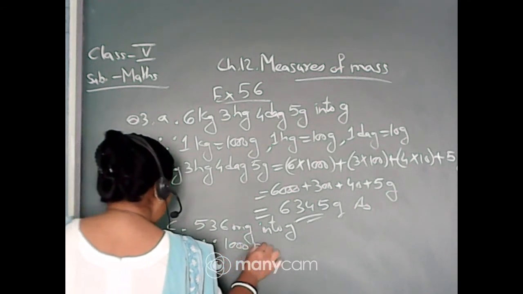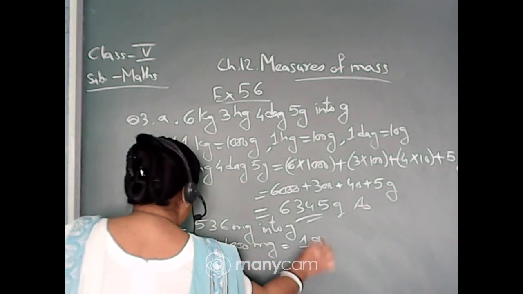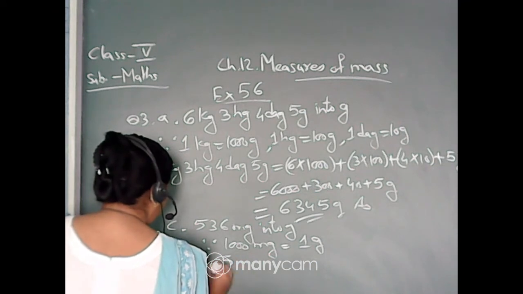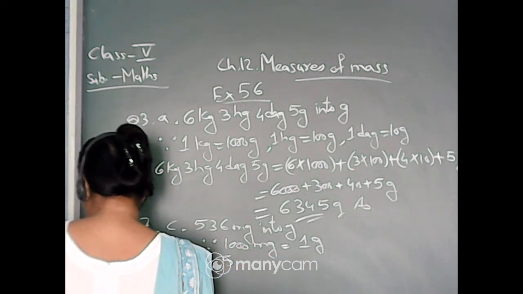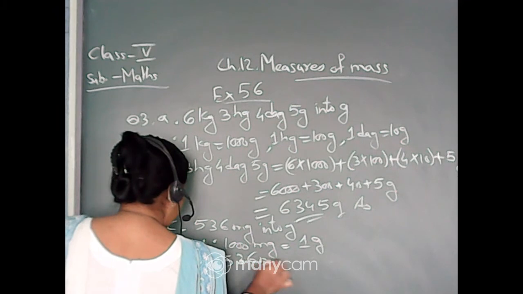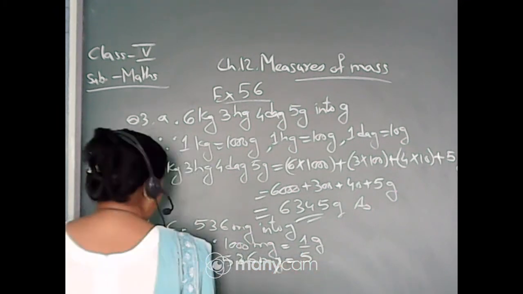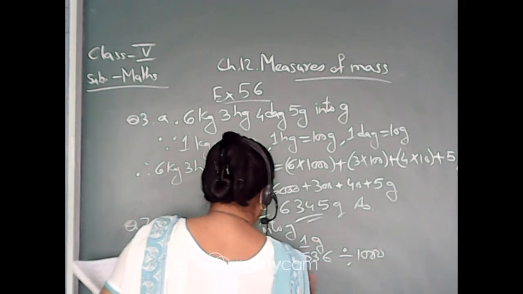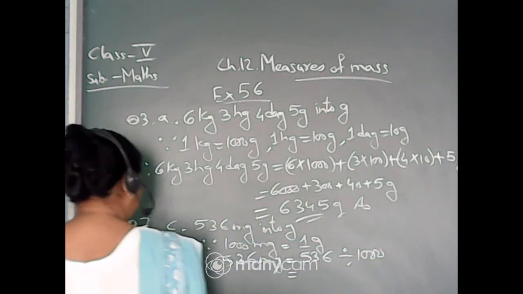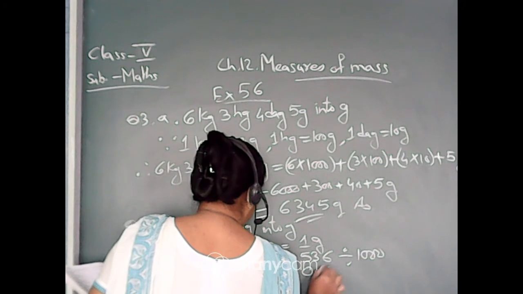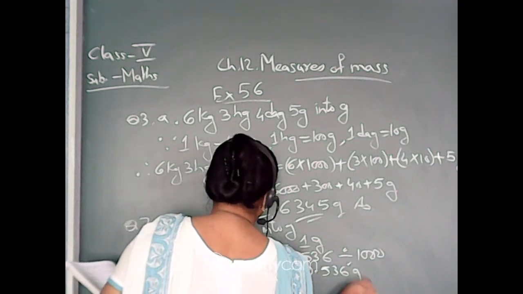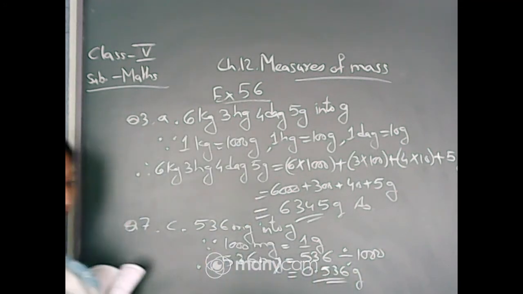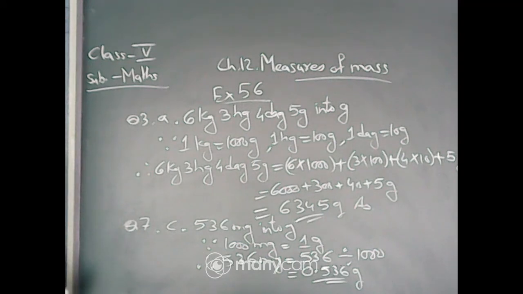Since 1000 milligram is equals to 1 gram, therefore 536 milligram is equals to 536 divided by 1000. So this will be 0.536 gram. Okay, this we are converting from lower to higher units.